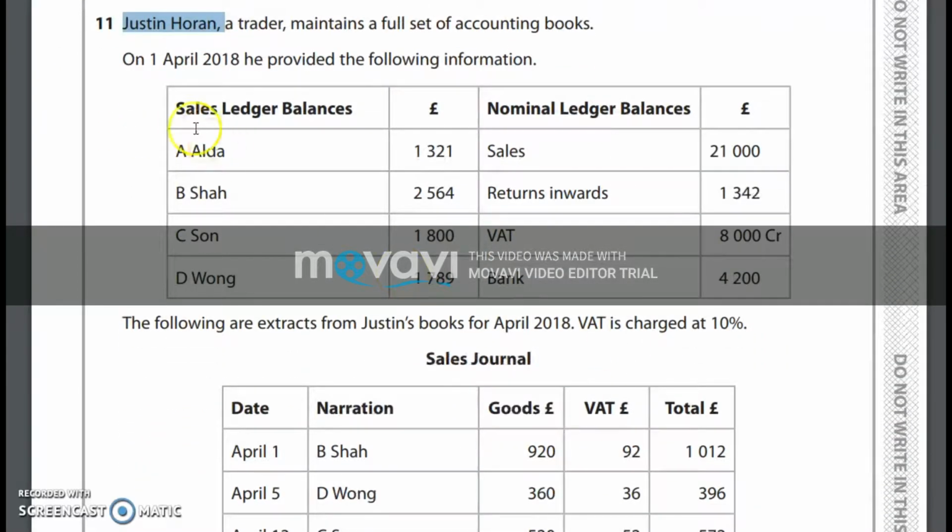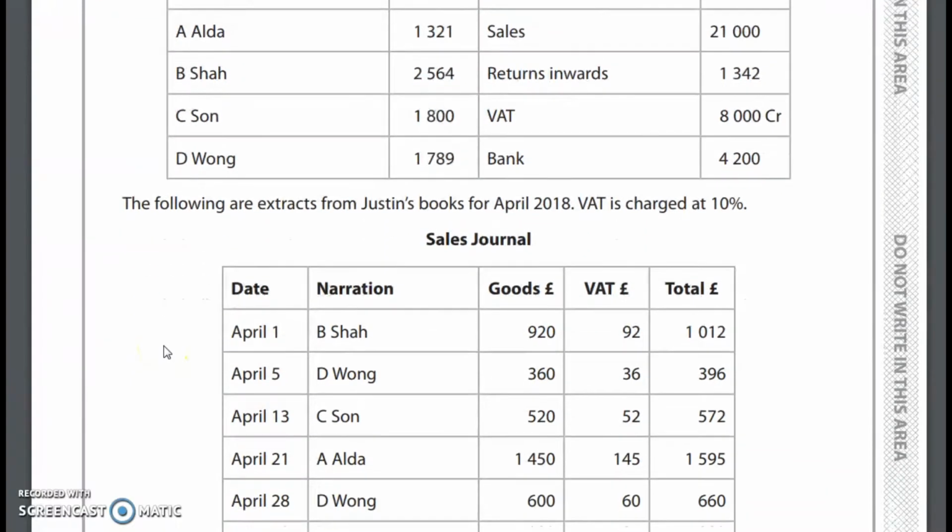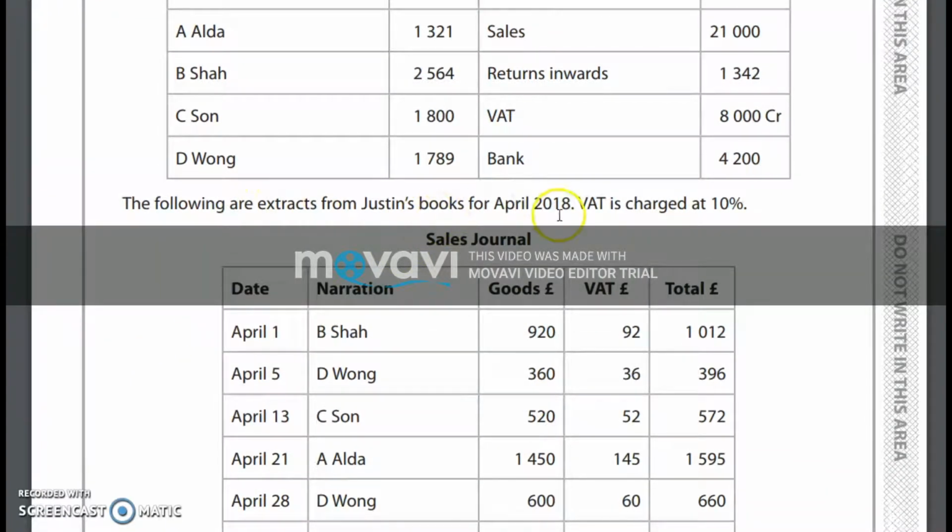So sales ledger balances, that means these are the balances of the trade receivables or the debtors. And nominal ledger balances, these are the balances in these particular total accounts. The following are extracts from Justin's books for April 2018, and VAT is charged at 10%.